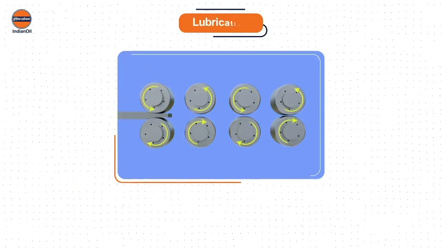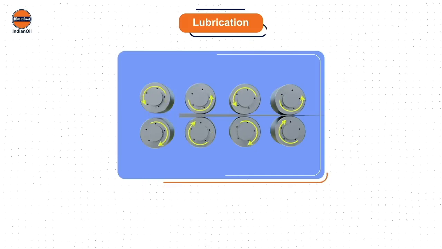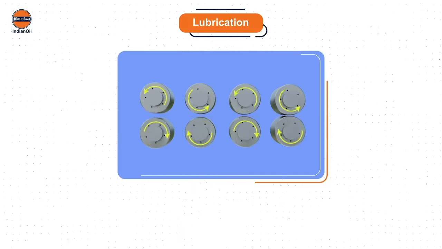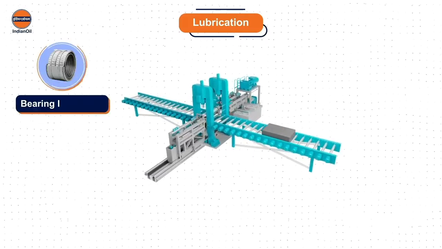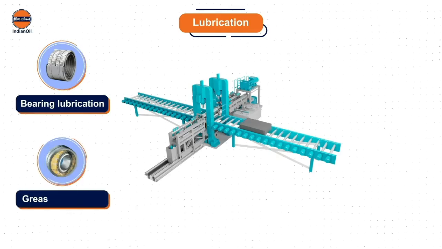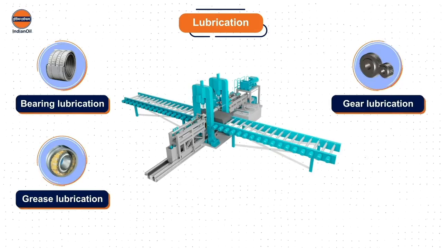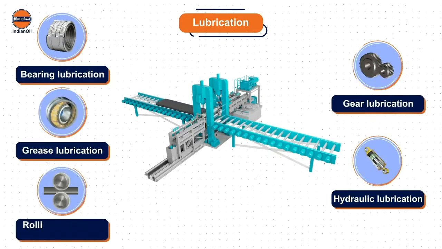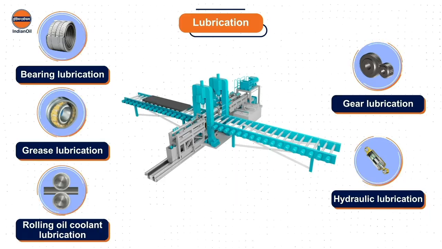Hence, lubrication is the only solution to overcome this and ensure smooth operation of the rolling mills. Rolling mill involves bearing lubrication, grease lubrication, gear lubrication, hydraulic lubrication, and rolling oil coolant lubrication. Let's look at them one by one.